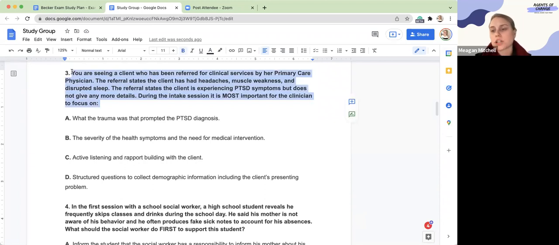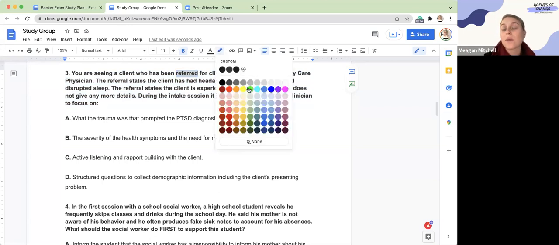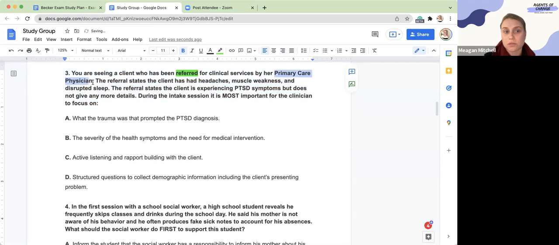What are important clues? What do you take from this? This is a referral. Referral comes up several times here. When we get referrals, it means they've probably made contact with someone else. This is a referral from a primary care physician.